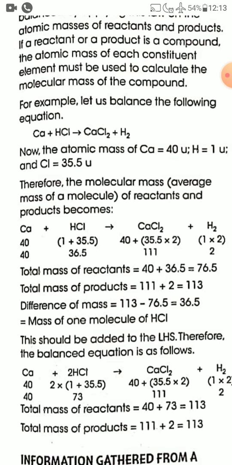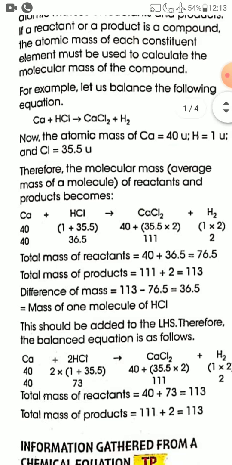Now the total mass of reactants, that is calcium and hydrochloric acid, is 40 plus 36.5, that is 76.5, and the total mass of products, that is calcium chloride and hydrogen, is 111 plus 2, that means 113.